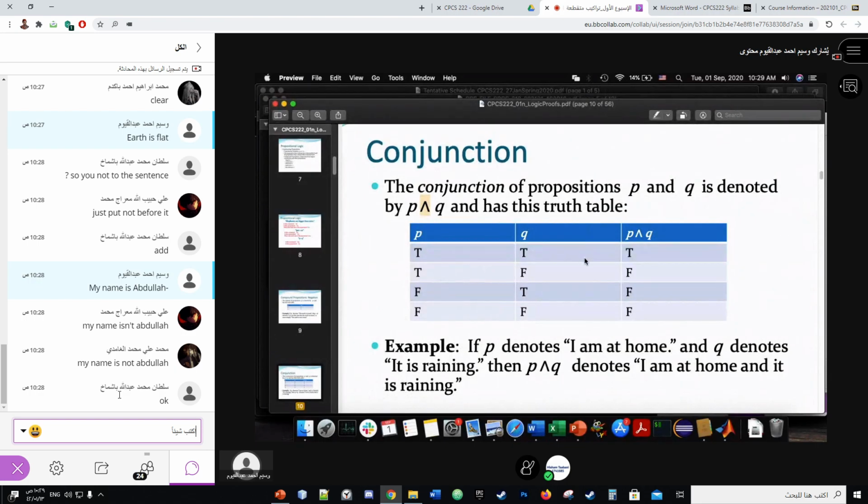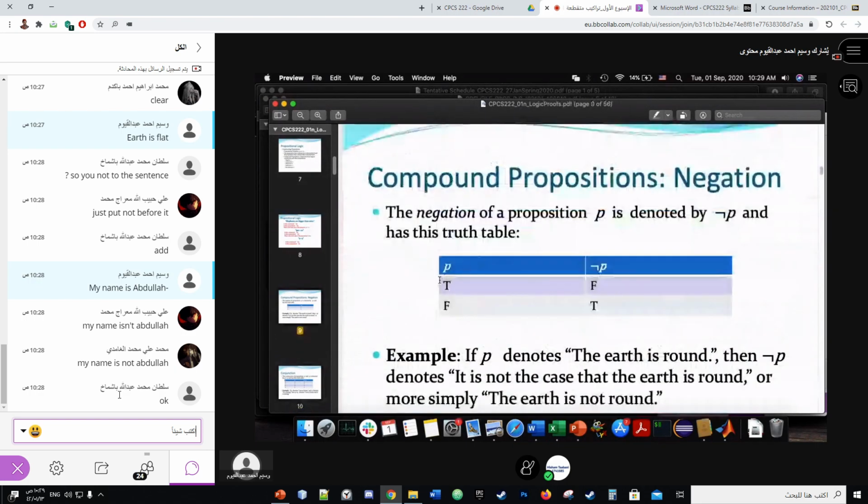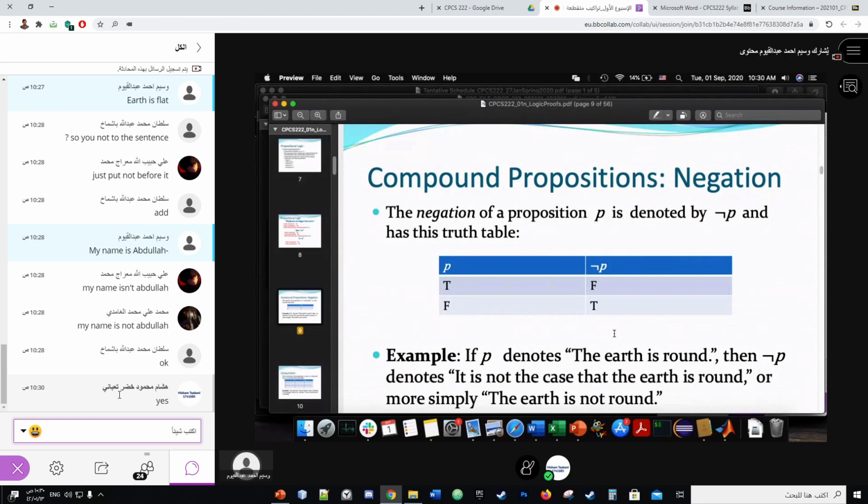Okay, so this is the truth table. Before that, let's look at the truth table for not. If P is true, not P is false, and if P is false, not P is true. I'm sure you have learned the truth tables in your digital logic course, right? You've learned about not, and, or, XOR. Yes, you remember?